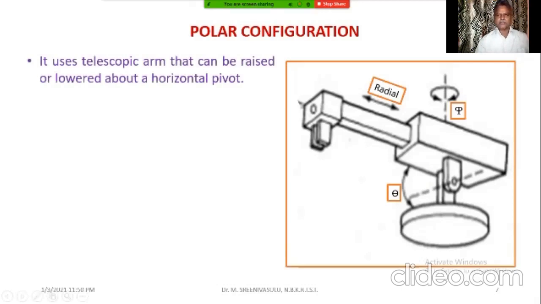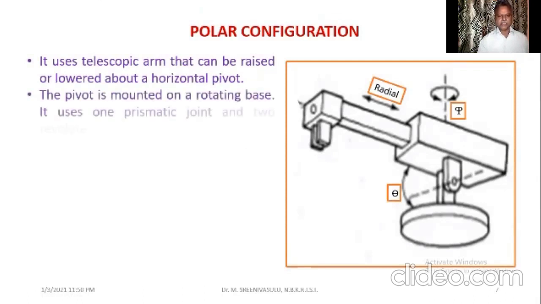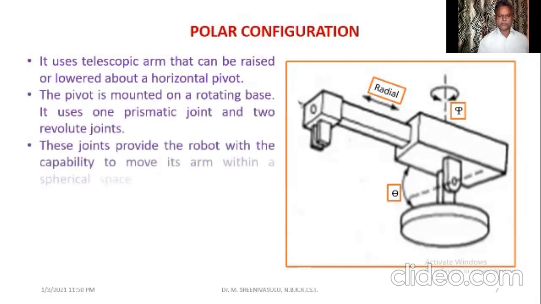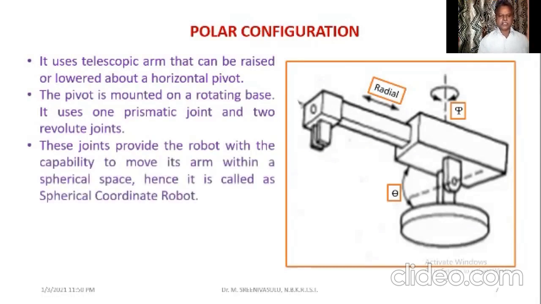That is being referred to as a telescopic arm that can be raised or lowered about a horizontal pivot. The pivot is mounted on a rotating base. It uses one prismatic joint and two revolute joints. These joints provide the robot with the capability to move its arm within a spherical space. Hence, it is called a spherical coordinate robot.